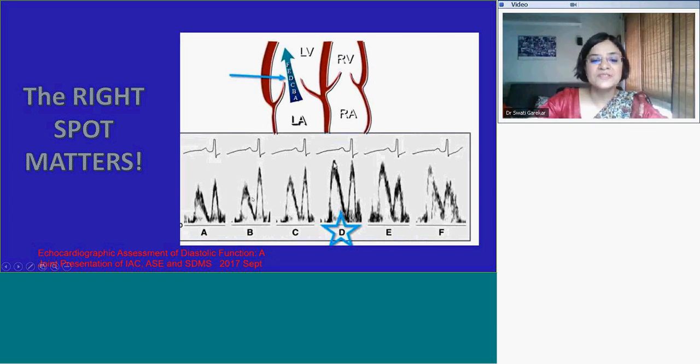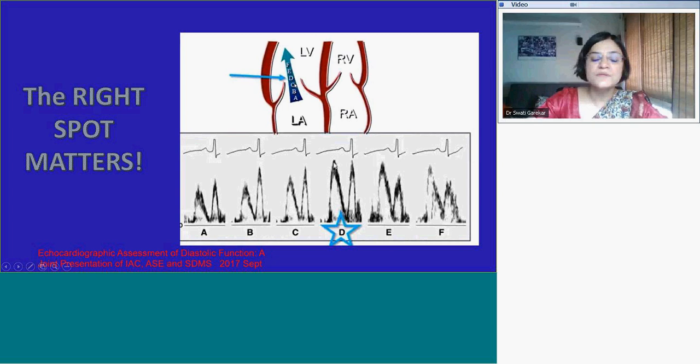Something which looks like this, when actually it's this, messes up your analysis, and it doesn't fit with the rest of the echo and how the patient is, you're going to say, oh my goodness, diastology is bad, diastology sucks. And the truth is that we didn't do a good job of getting the gate down.